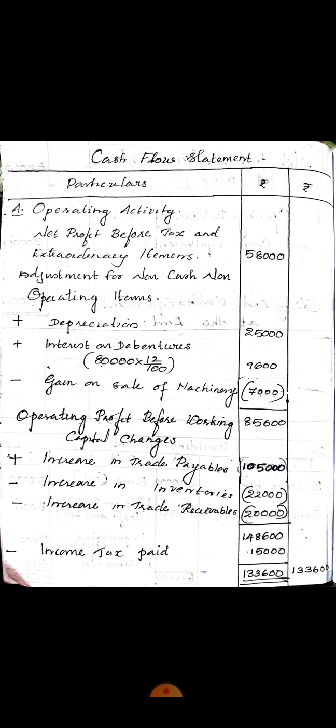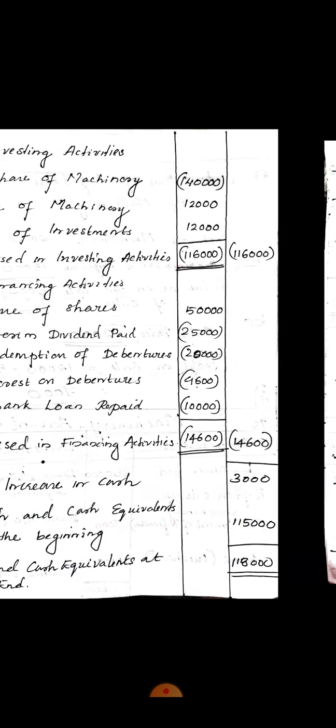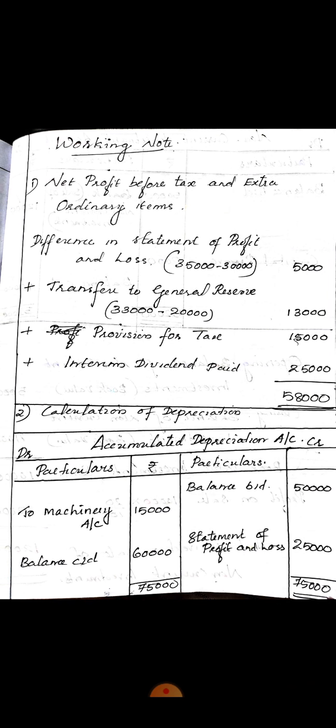Cash flow statement. First activity, operating activity. Operating activity starts with net profit before tax and extraordinary items. Working note number 1, calculation of net profit before tax and extraordinary items. First, difference between statement of profit and loss.